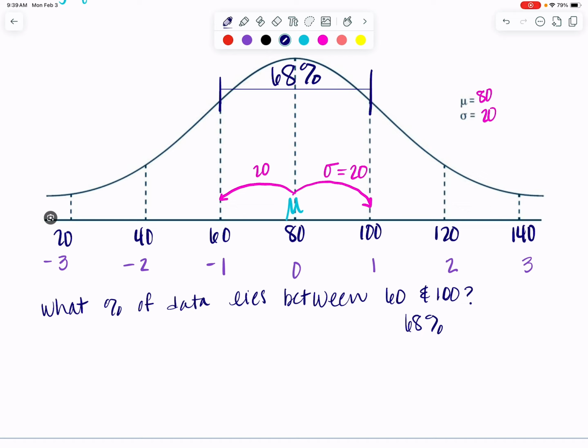Now, what if I wanted to know the percentage of data that lied between 80 and 120? Well, Ms. Graham, I don't have that on my picture. You are correct. You do not have that on that picture. But what you do have is the ability to reason. Here's what we know.